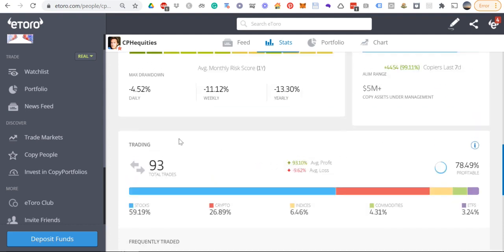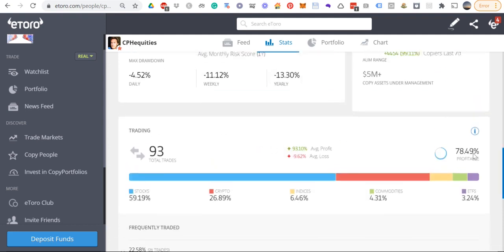And scroll down, and then in the trading percentages here, the percentage of the portfolio that's in stocks is 60%, 26 quarters in crypto. For me, that's a little bit of a warning sign. I would say that's a bit riskier.